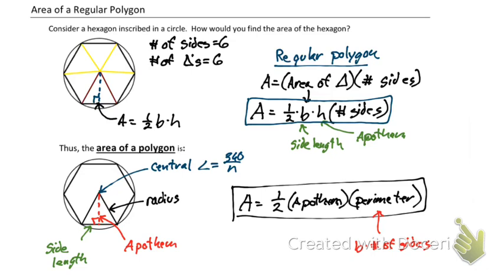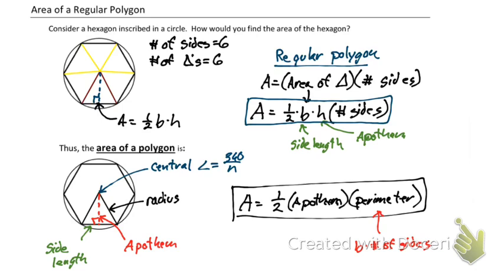You just have to count how many angles there are. So in this case, there's 1, 2, 3, 4, 5, 6 of them. If there was 8 sides, we'd have 8 triangles we can make. So it'd be 360 divided by 8 would give me that central angle. Just know your central angle has to be 360 divided by your number of sides, because it's a regular polygon.